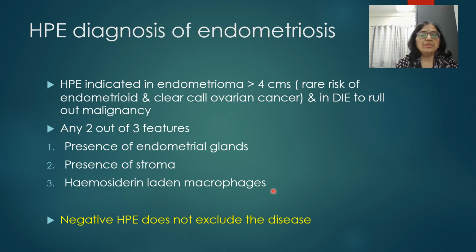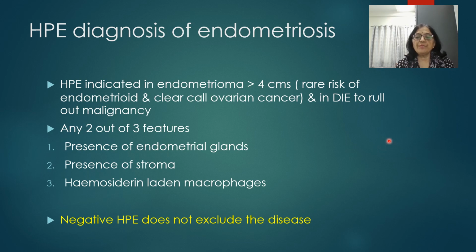Any two of three features are sufficient to diagnose endometriosis: presence of endometrial glands, presence of stroma, and third, hemosiderin-laden macrophages. But negative histopathological examination does not exclude the disease.